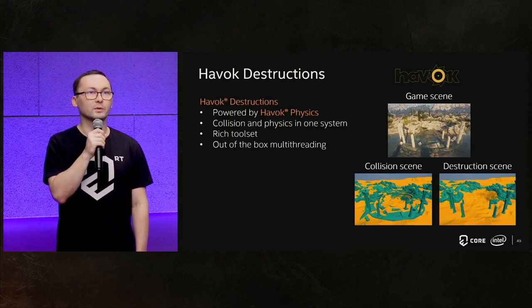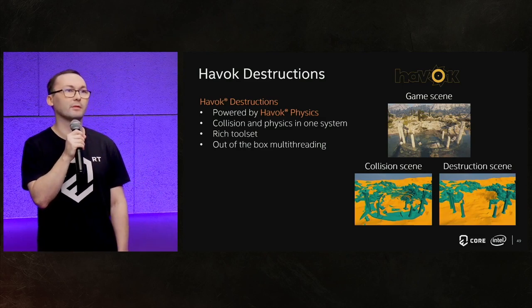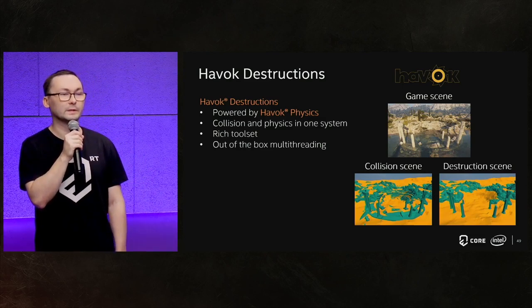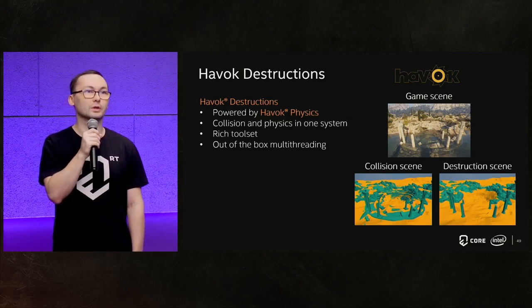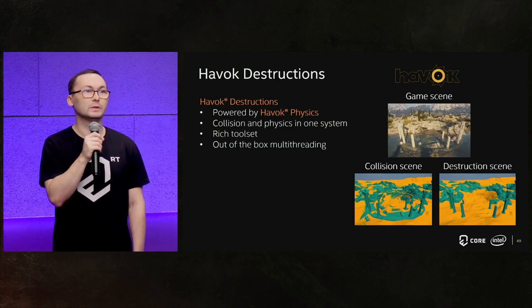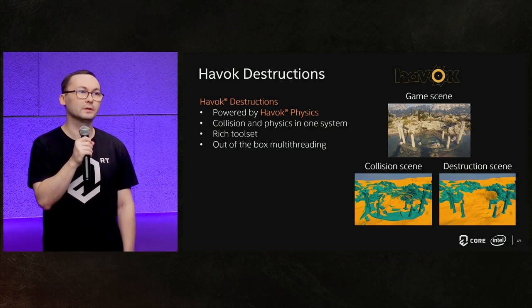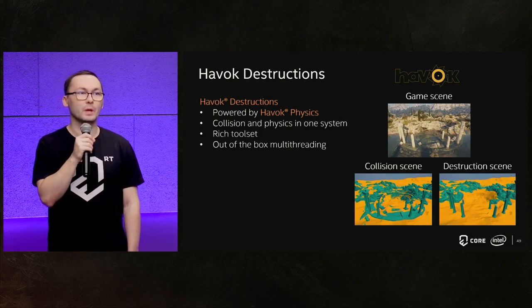To support good performance versus gameplay balance, our engine uses two different scenes inside the Havok library. The first one is the collision scene. It's used for accurate collision queries, and the destruction scene for destruction interaction. Collision scene uses compressed meshes of triangles, and they're almost identical to the actual model's geometry.